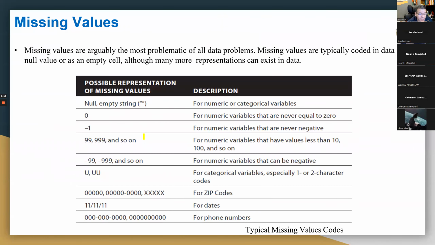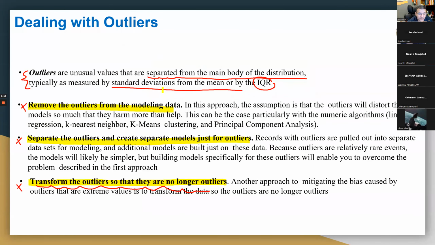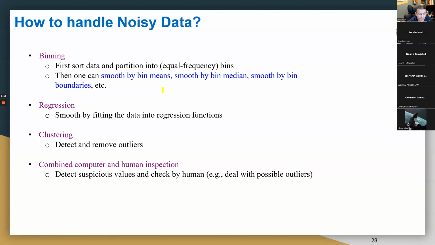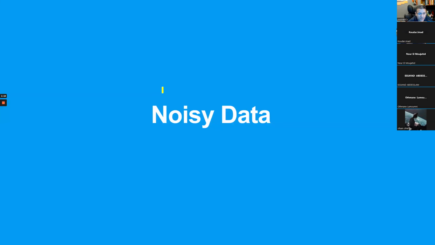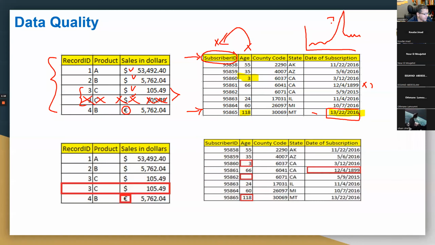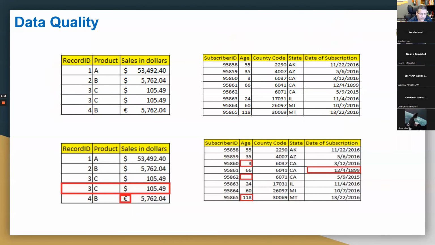ومissing values راه ماشي هي كلها يعني empty cells. راه ماشي هي empty cells. ماشي هي كلها empty cells.